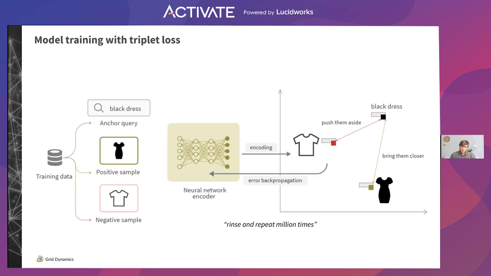Training for this network will optimize the vector distance between the query embedding and the positive embedding. So we will bring them closer to each other during the training, and we will push aside the query embedding and the negative embedding, so they are far away from each other.